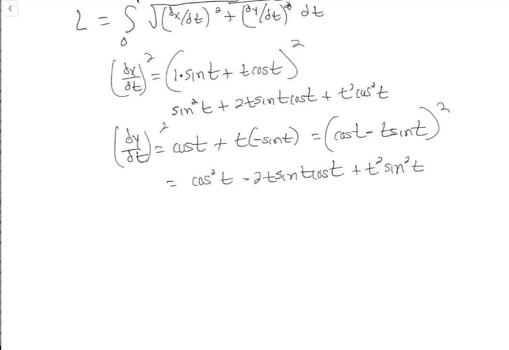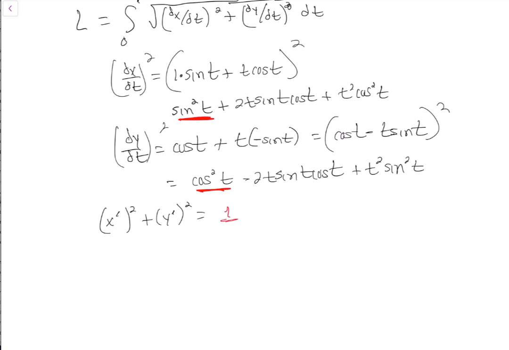So let's just continue with the algebra. I'm going to get lazy and step away from the Leibniz notation for a moment. So if I add these two together, let's take a look at what we're going to have without me having to rewrite all of this stuff. I'm adding the x prime squared and the y prime squared. So I'm going to get a sine squared plus a cosine squared, which is going to be 1.